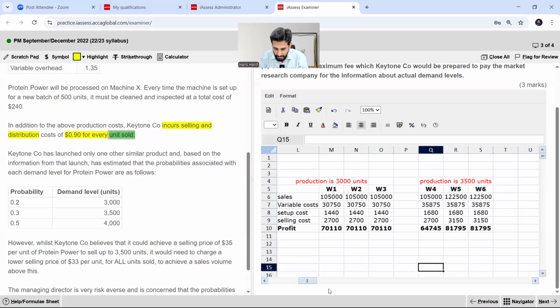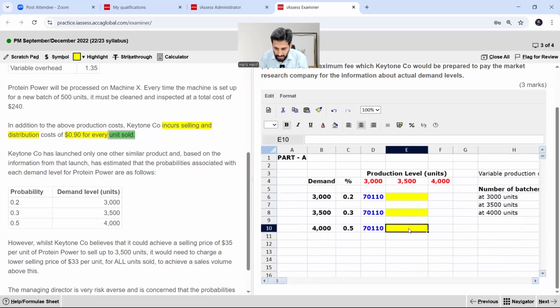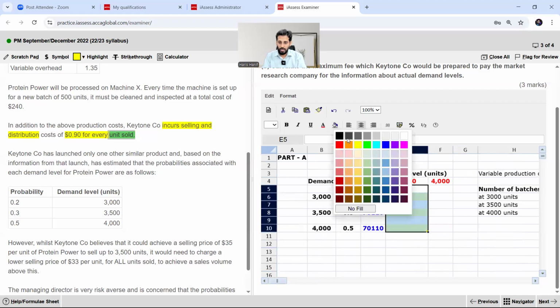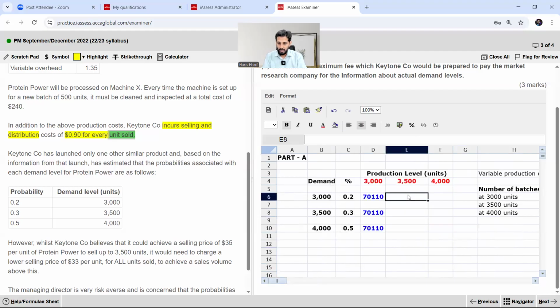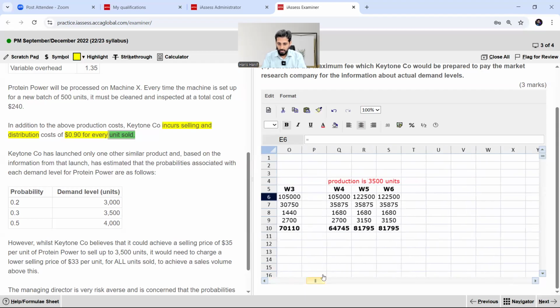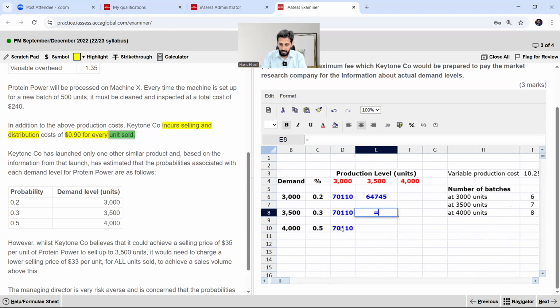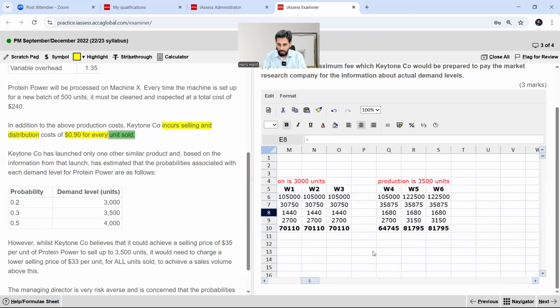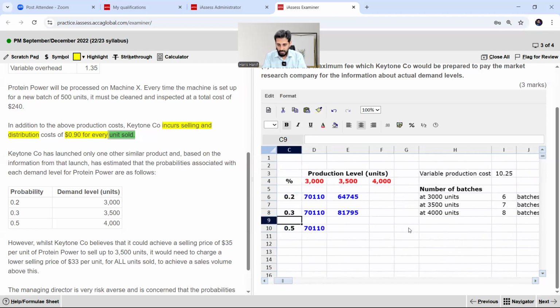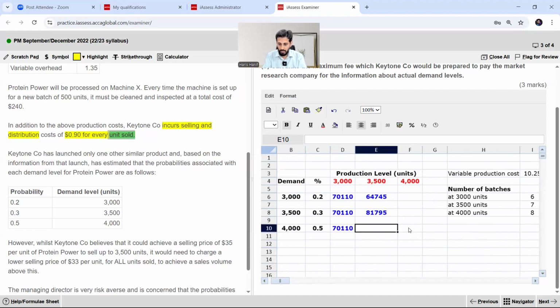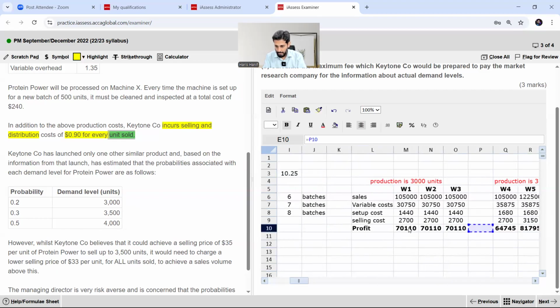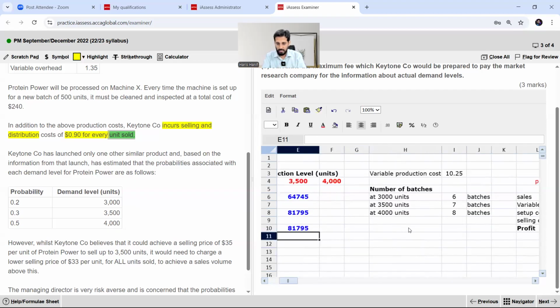Now please see that in the last cell, the demand is 4000, but I have produced 3500 units. So obviously I cannot sell more than 3500 units. So now just click over here, is equal to working 4. Just click over here, working 5. Just click over here, is equal to working 6, right?